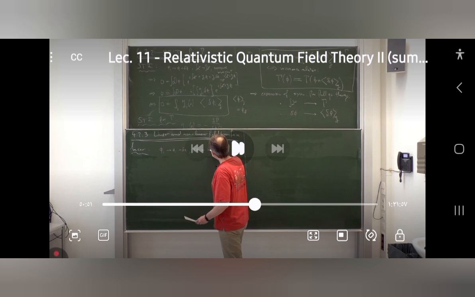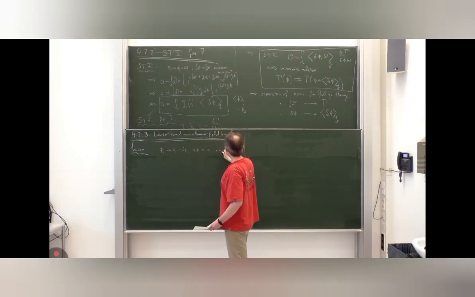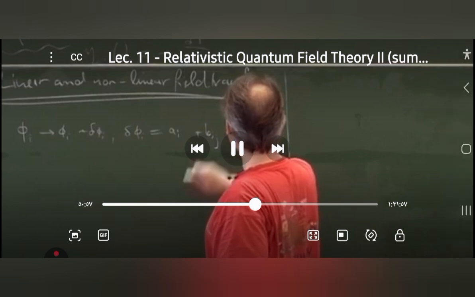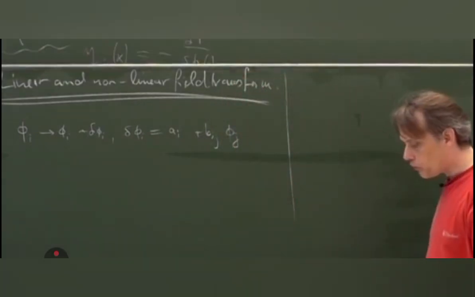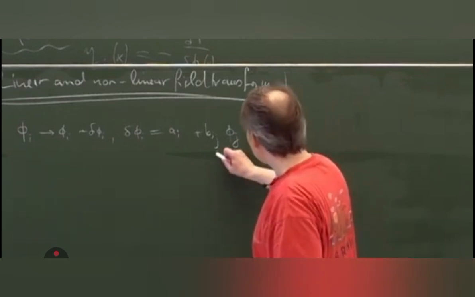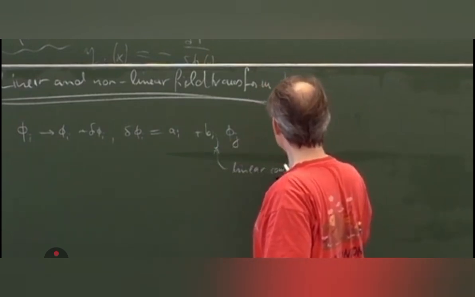In some constant A_I plus B_ij times fields phi j. So at most linear is the more precise way of saying it. So this is a linear combination of fields.